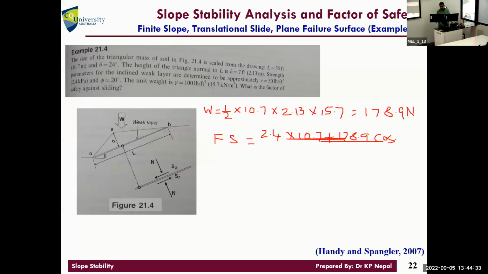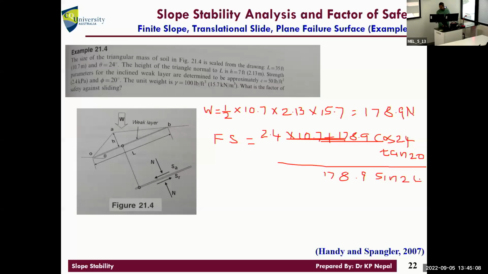Cos alpha is the angle theta here, cos 24. Tan phi is still there, right? Swell phi is 20 degrees. Divide by W, which is 178.9, times sin alpha. Sine alpha is 24.